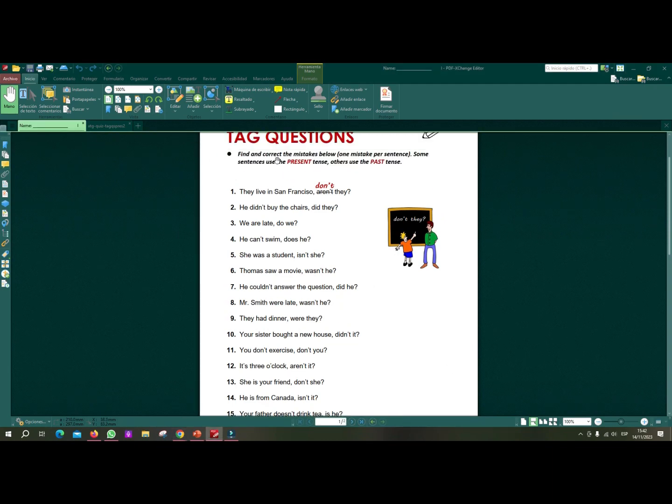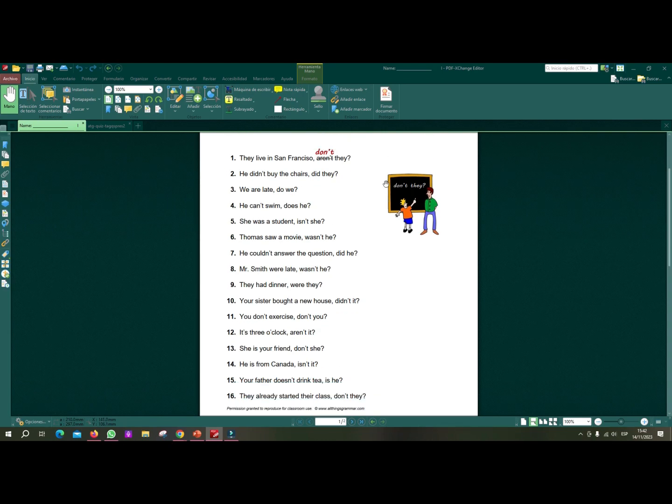Okay, here you have the first exercise. It says, find and correct the mistakes below. One mistake per sentence. Some sentences use the present tense, others use the past tense. Here you have an example. They live in San Francisco. That is a positive statement. So you need to have a negative tag question.